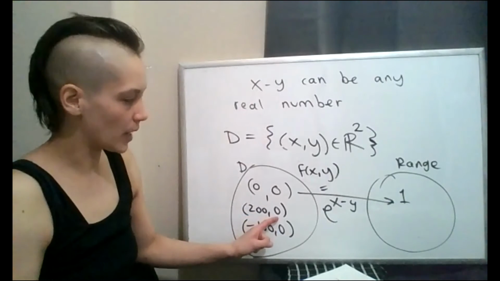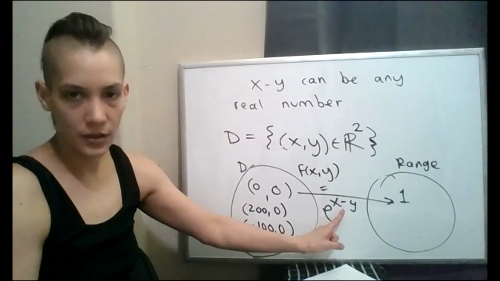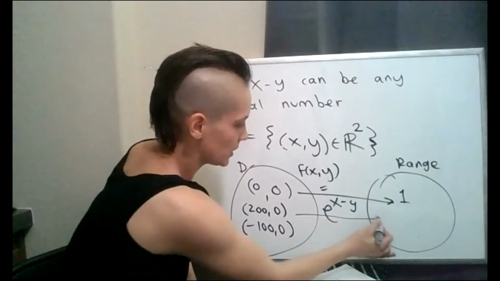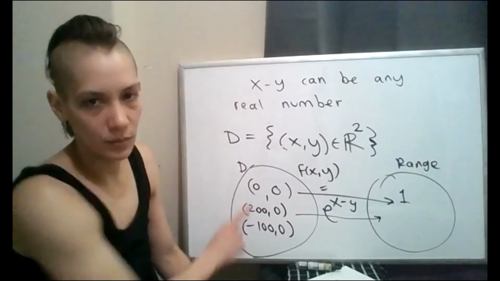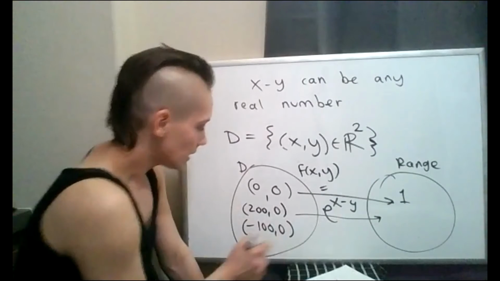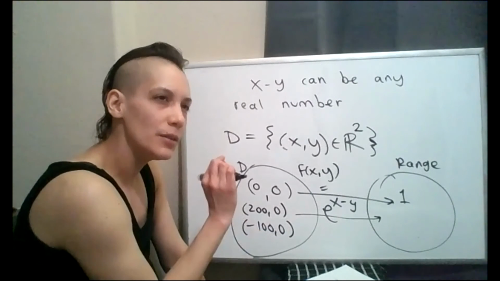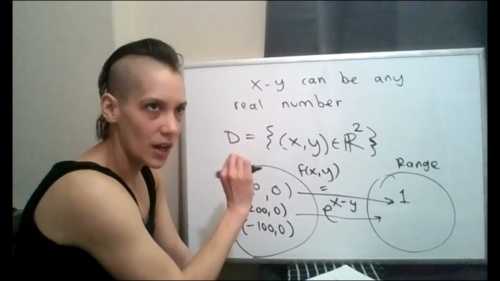Okay, e to a power of 200 minus 0, so e to the 200. It's going to be some very large positive number. We'll calculate in a second. E to the power of negative 100. So it's going to be like this really, really small positive number.